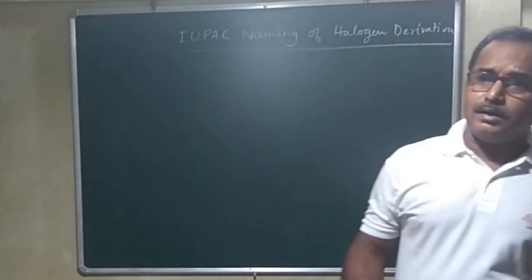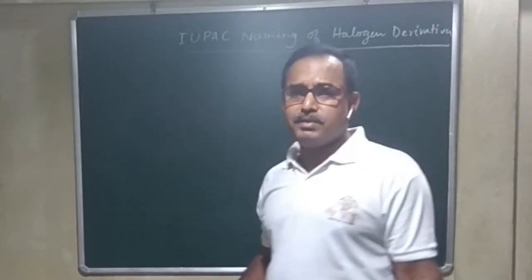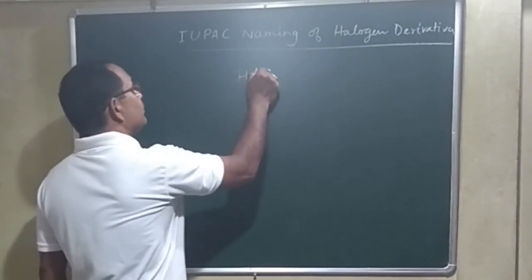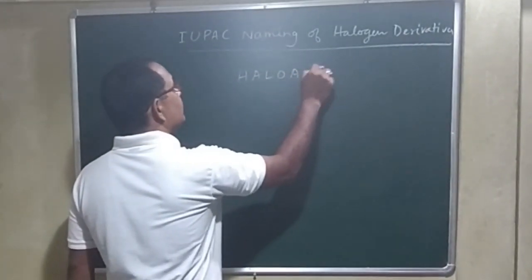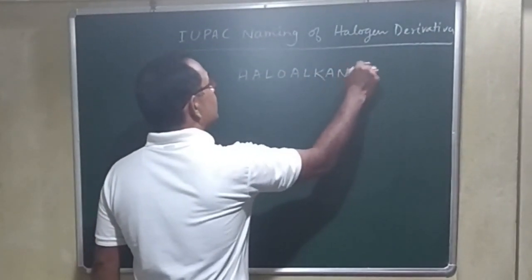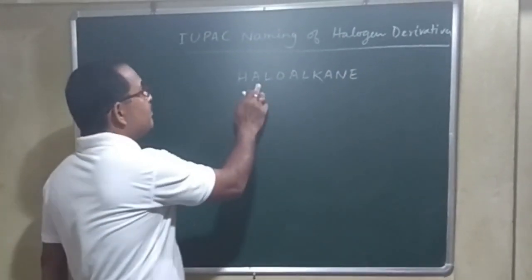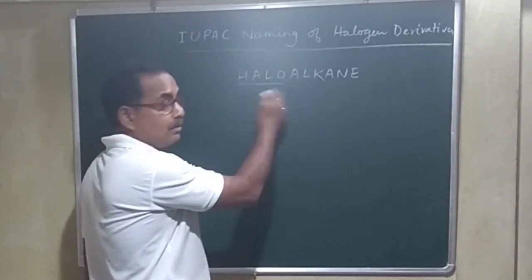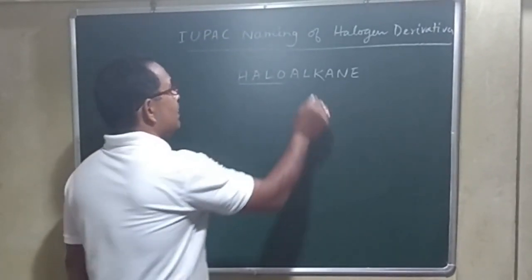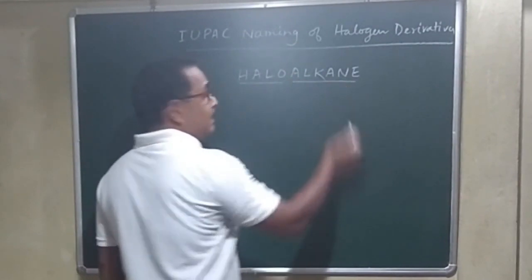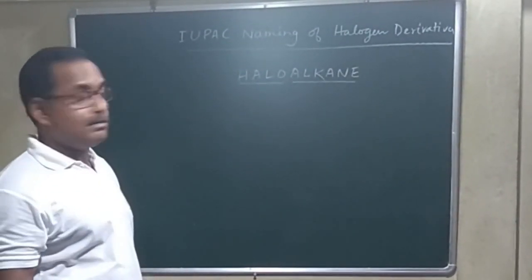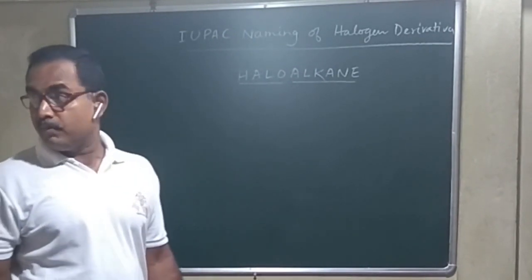So I'll just try to remember the points. The basic name is haloalkane. Halo may be what? Chloro, bromo, iodo, or fluoro. Alkane may be replaced by alkene or alkyne depending upon the type.